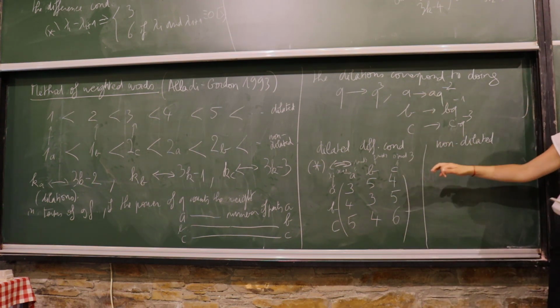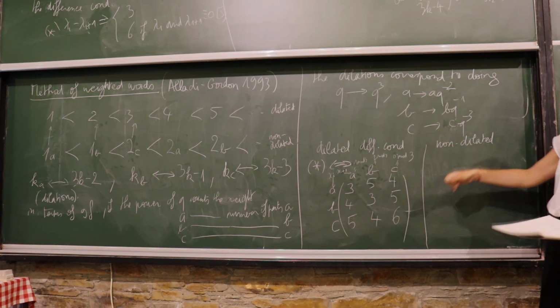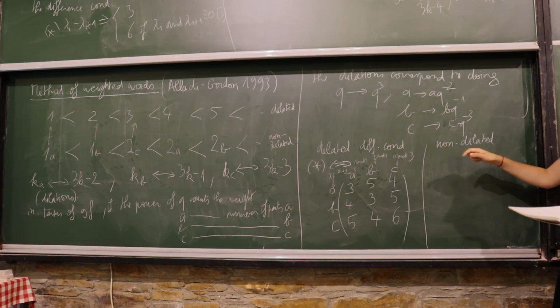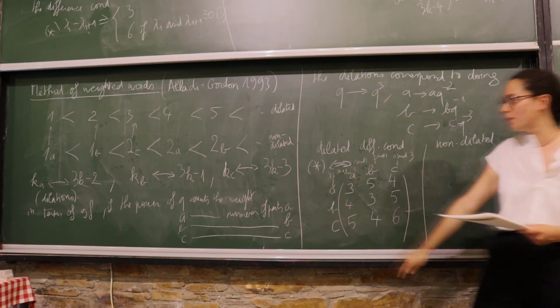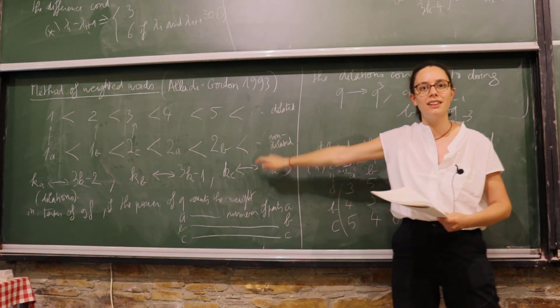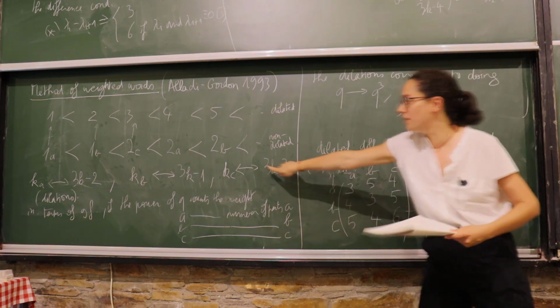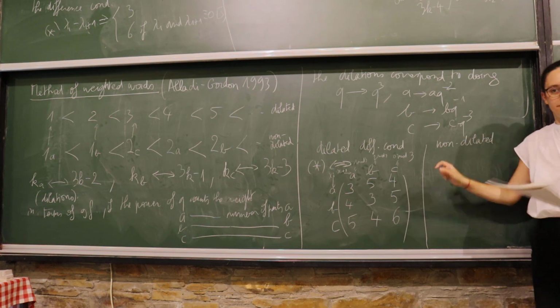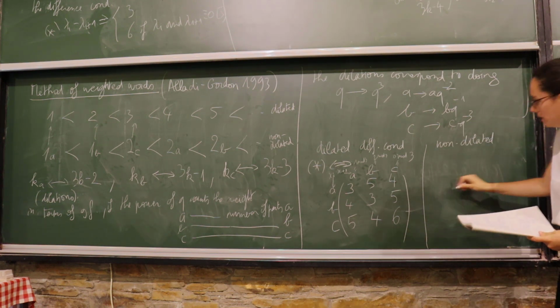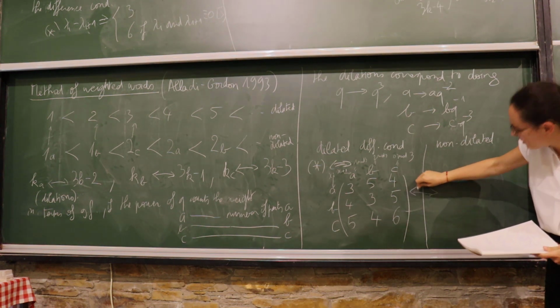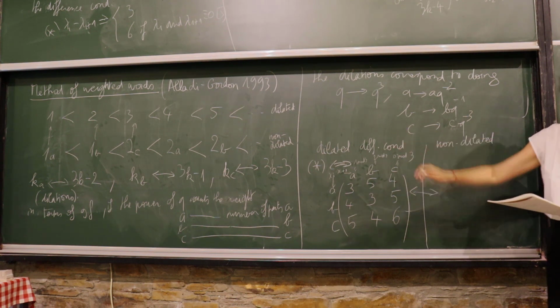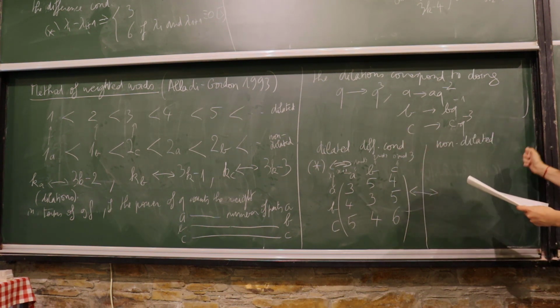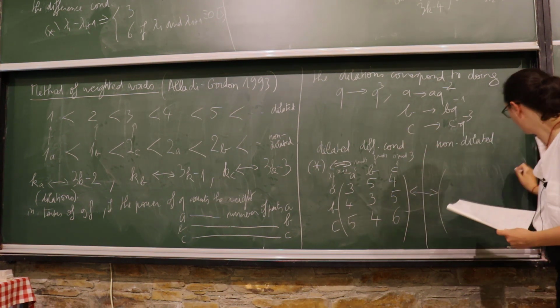And we want to find some correspondence with also a matrix of difference conditions, but this time on those non-dilated integers that would correspond with these dilations to this matrix. Okay, so I'm using the same symbol just to show that it's the same correspondence. So we will try to write this.